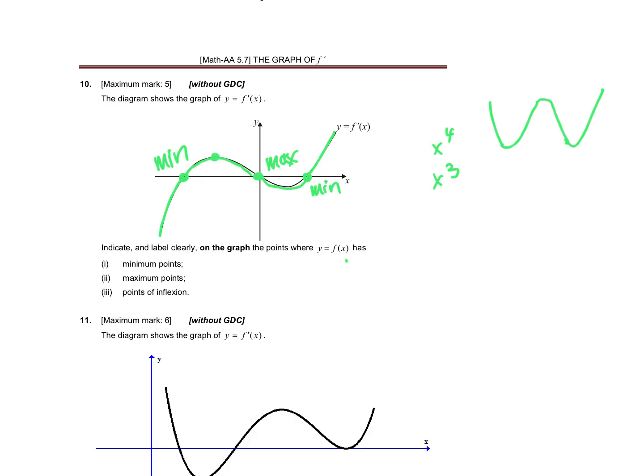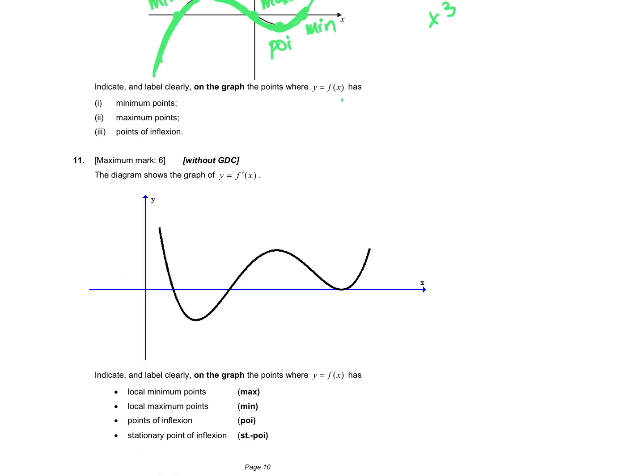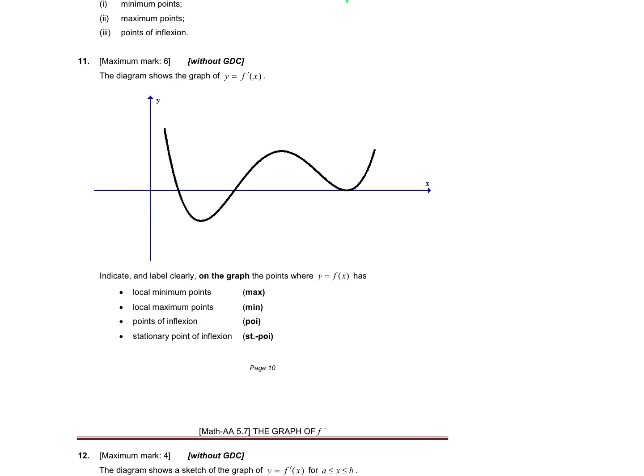So this is a point of inflection, and also it's changing sign. It has positive gradient here and then negative gradient here. This is also a point of inflection here because it's got negative gradient on the left and positive gradient on the right. Okay, so now 11, the diagram shows the graph of the derivative.